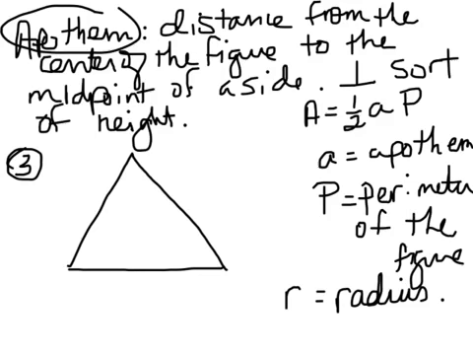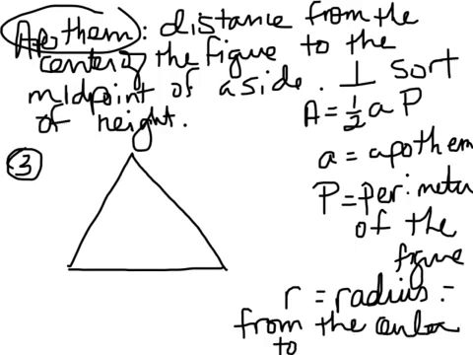A radius would go from the center to a vertex. And I'm going to show you why.